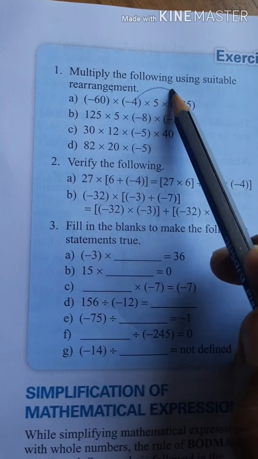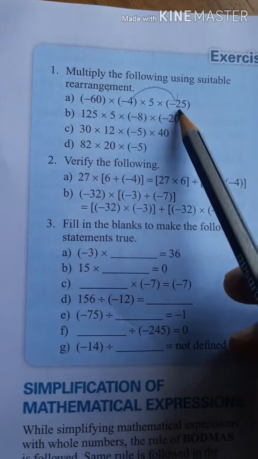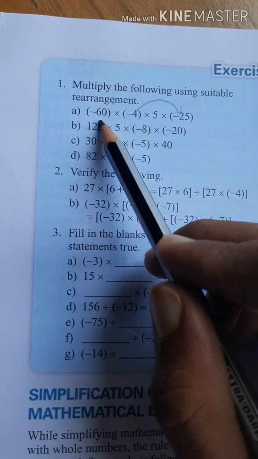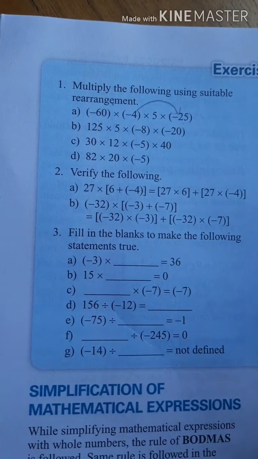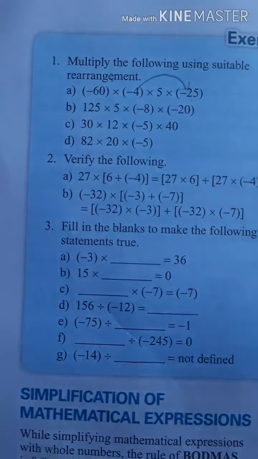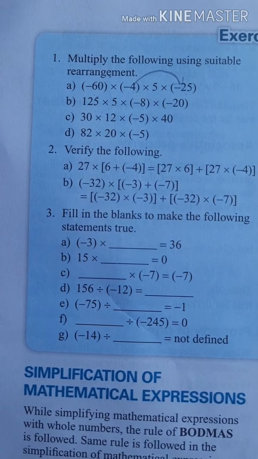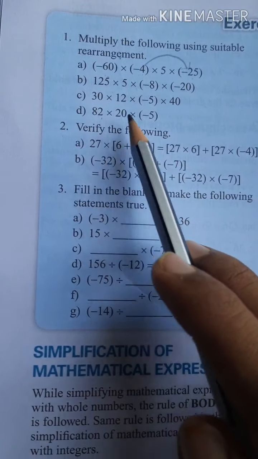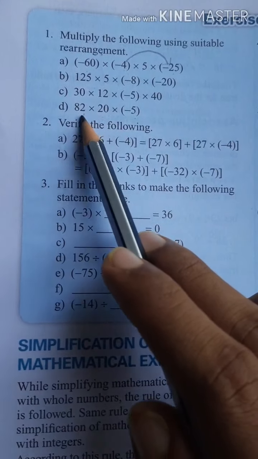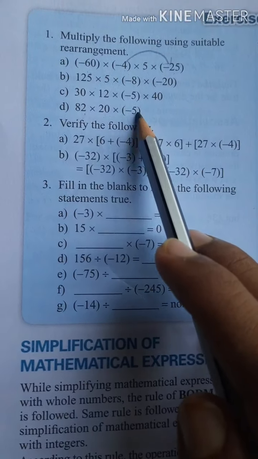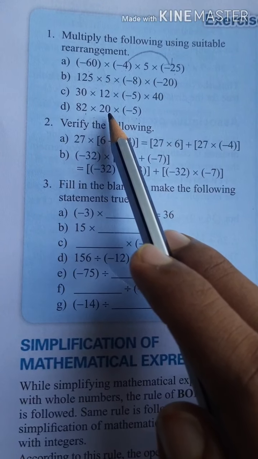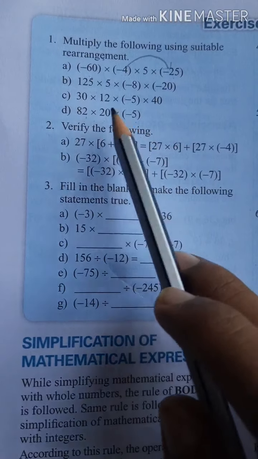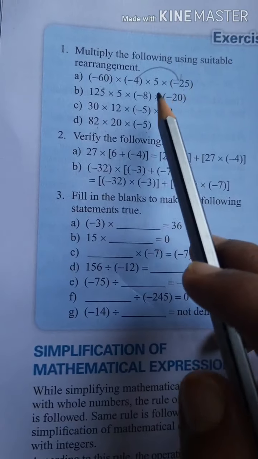Instead of that, if you multiply 4 into 25, what will you get? 100. 5 into 60 is 300. It should be in the form of 100, 200, 300, 1000 like that. You have to rearrange, then multiply. For example, here you take 82 and 25. Instead of multiplying these two first, multiply 20 into 5. 5 into 20 is 100, so it will become minus 100. Understood now? It is in the form of 100, 200 like that. Then you multiply with any number, no problem.